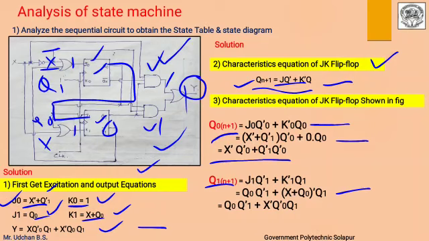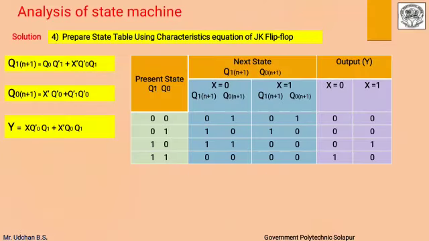So after putting those values we can get the equation of Q1 n plus 1 as Q0 Q1 complement plus X bar Q0 complement Q1. So using these two equations and the output equation, we have to prepare the state table.